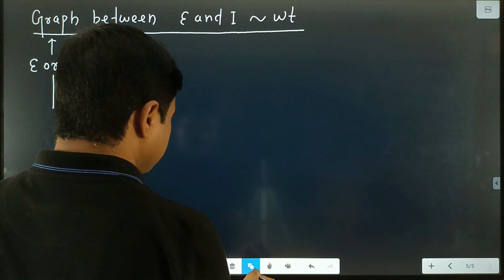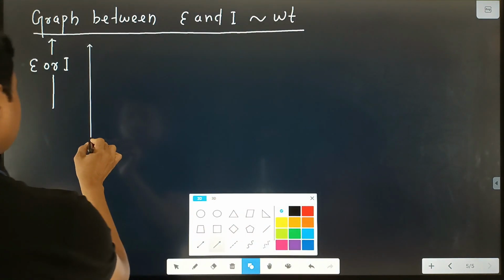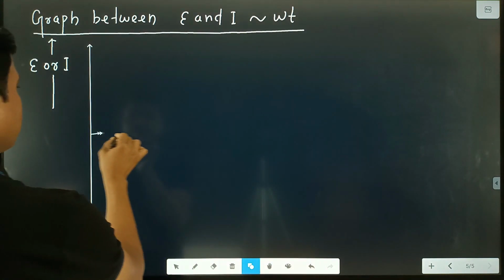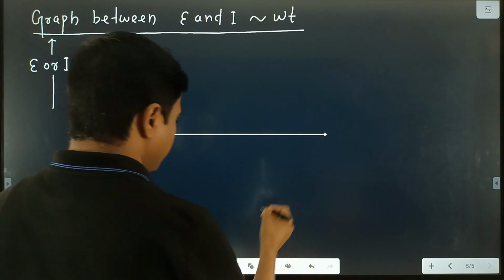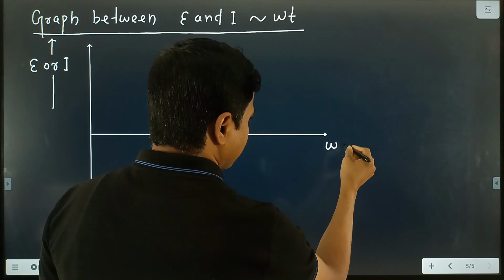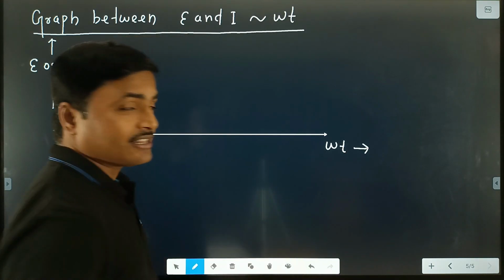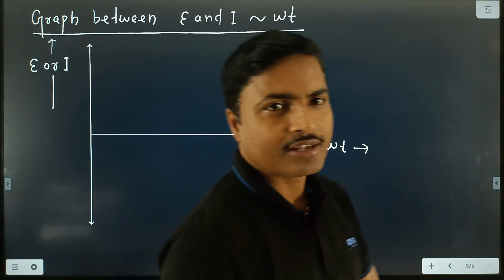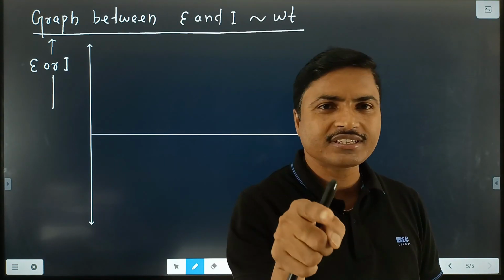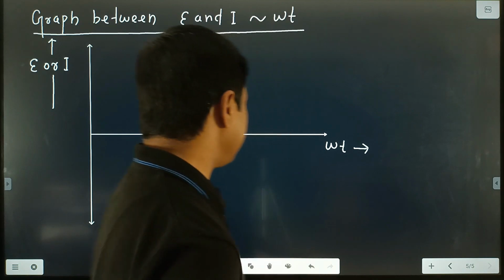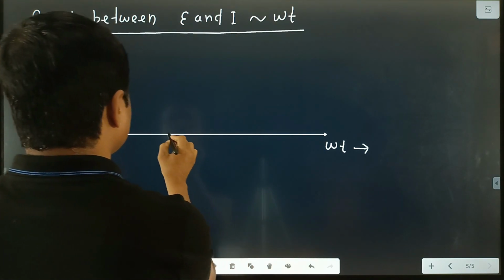And we draw another axis, second axis. Suppose this one is your x axis, and in the x axis we take omega t. Omega t means the phase, also known as the angle. And for one complete cycle, for one full cycle, its value is equal to 2 pi.